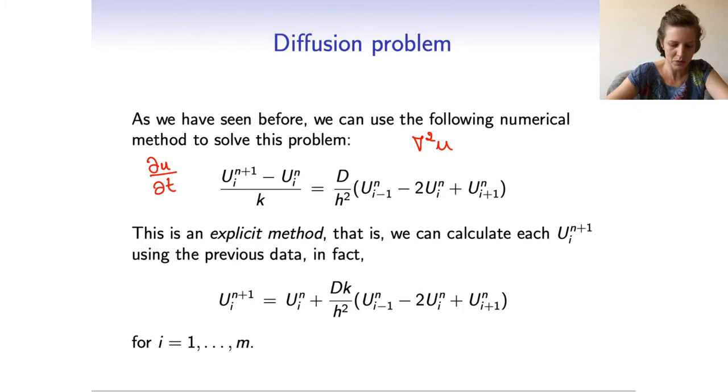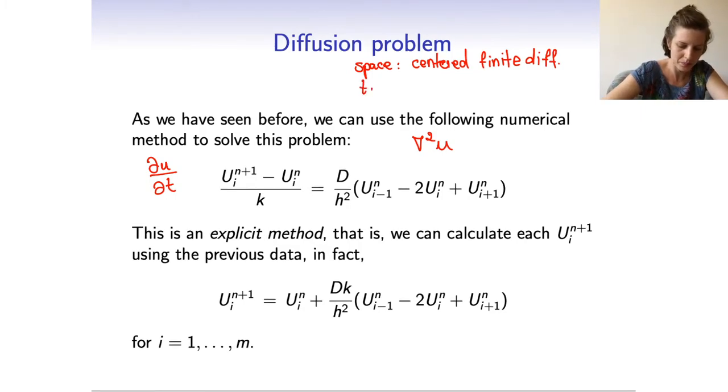and we are doing this approximation on time. So for space we are using centered finite differences, and for time we are using forward Euler.